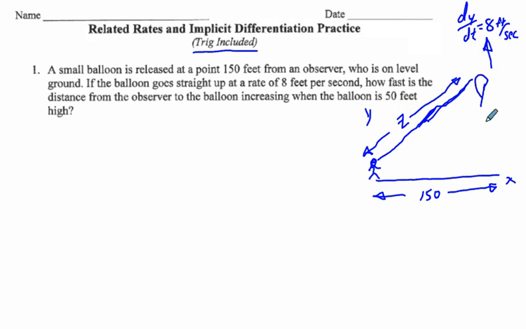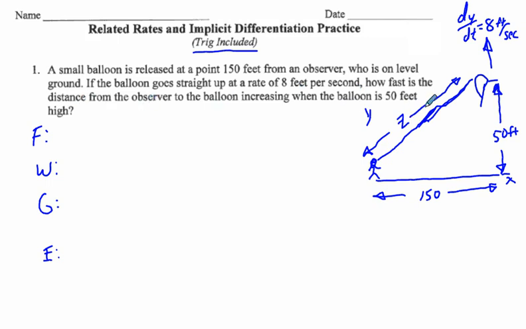When the balloon is 50 feet high, and so this balloon is 50 feet high at the critical value we're evaluating. So the format we have for this is called F, W, G, E. Find says how fast is the distance from the observer.